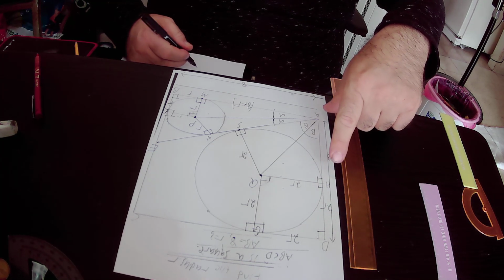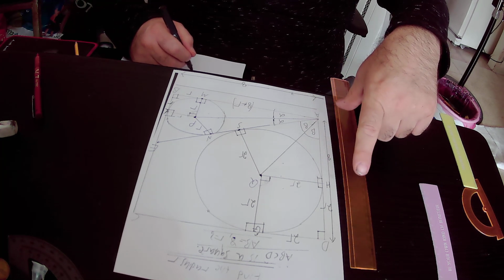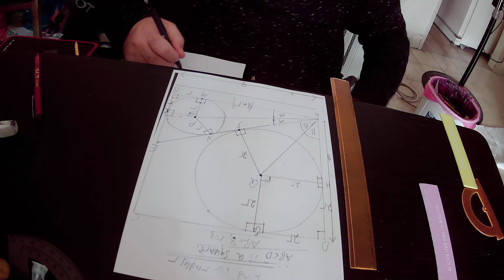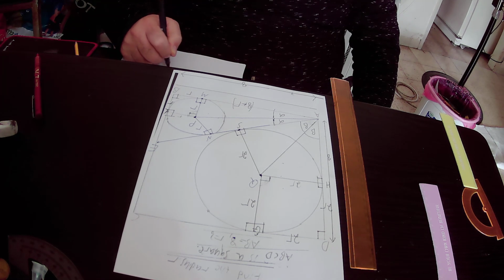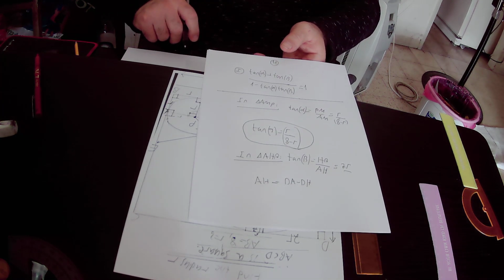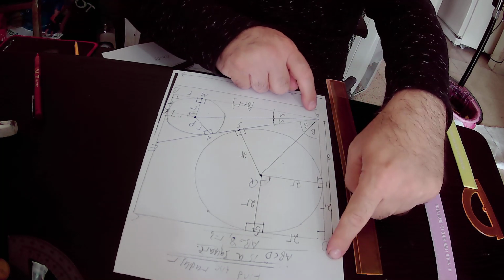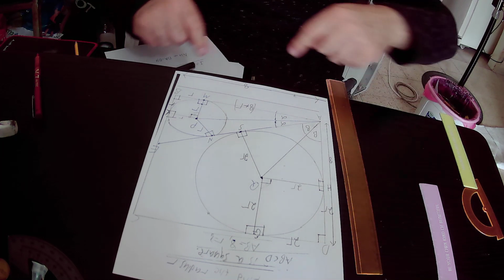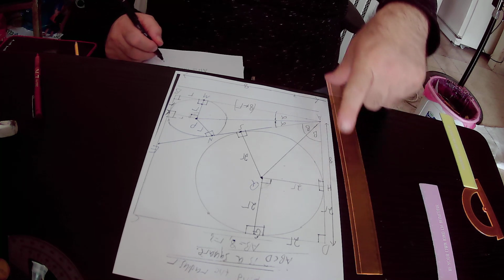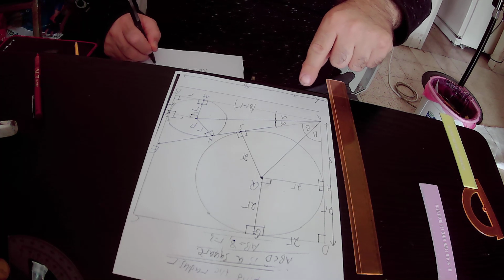So what is the value of AH? From the drawing you can see that AH equals DA minus DH. Again, according to the drawing, AH equals DA minus DH. DA equals 8 units and DH equals 2R.